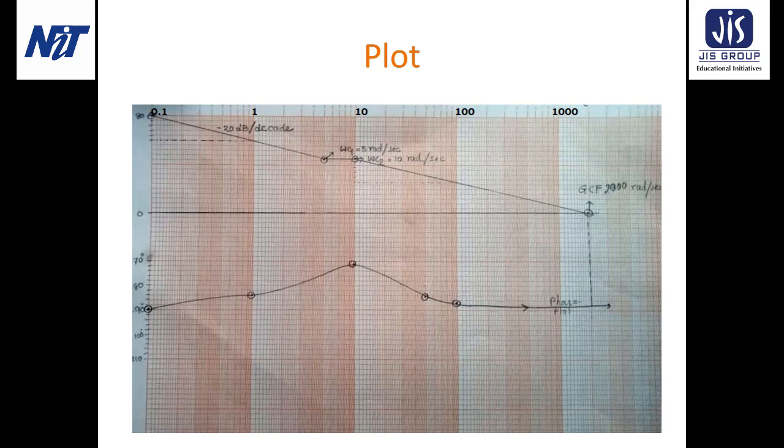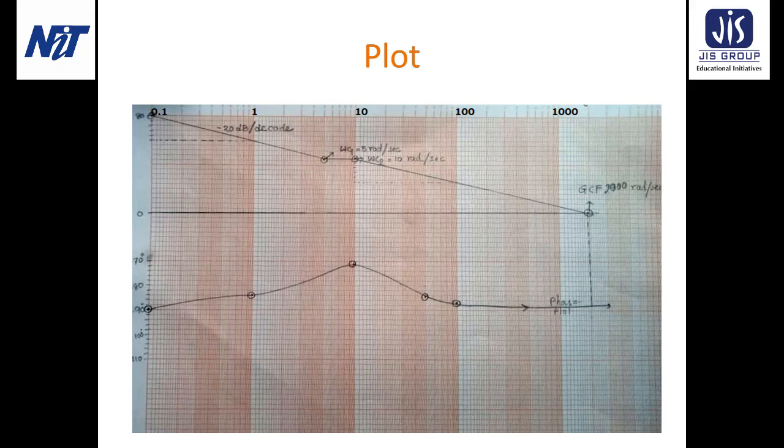The phase margin and the gain margin have both been discussed using the polar plot. You can easily find out the phase margin and gain margin using the Bode plot also.